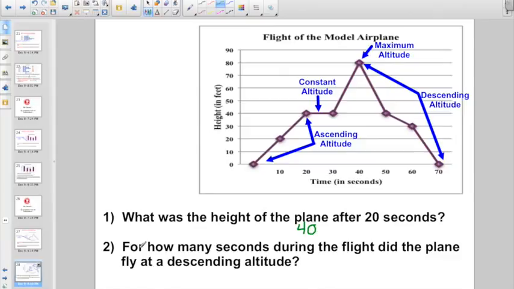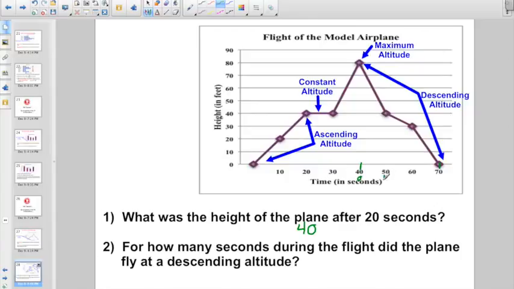And now they want to know, for how many seconds during the flight did the plane fly at a descending altitude? Well, descending, I'm starting here, and I'm hitting the ground here. Don't say 70 seconds, because I actually have to start this as 0, right?